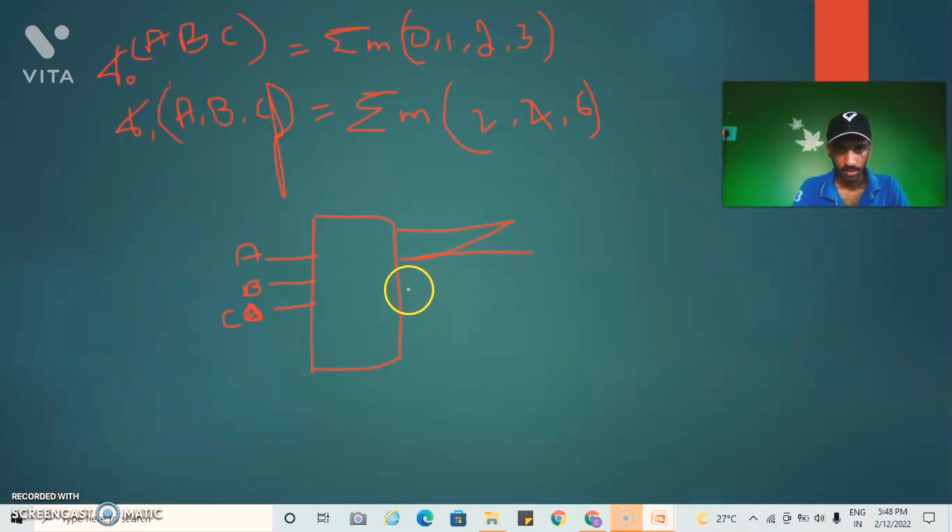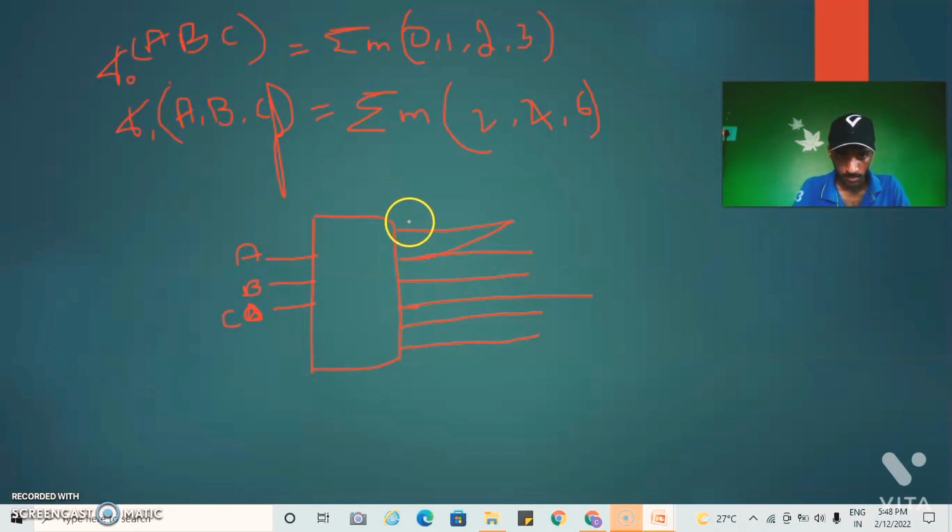Let me write the outputs, what is called word lines. I should write 8 word lines or 8 output lines.